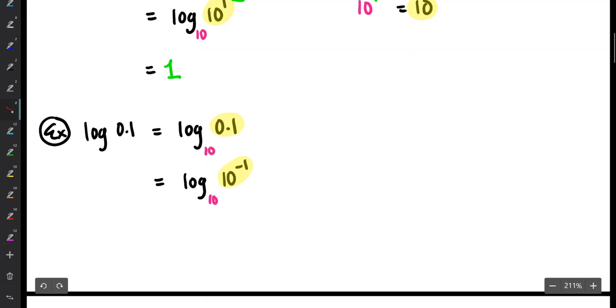Why? Log base 10 is gobbling up a perfect power of 10. It's going to spit out the exponent. Answer? Minus 1. I'm going to box these answers.